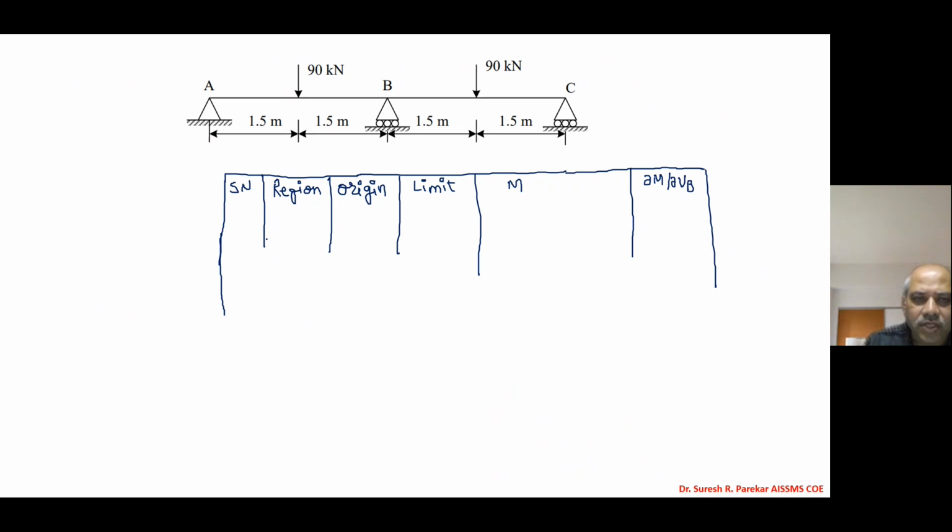Now we go with this table. The first region is A to D, which I mention as AD, and then we have E.